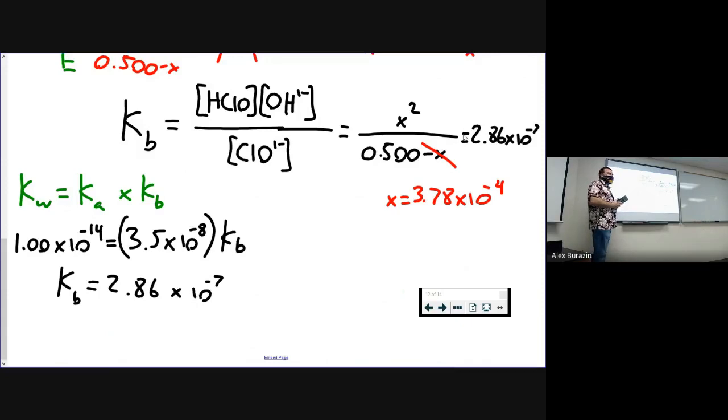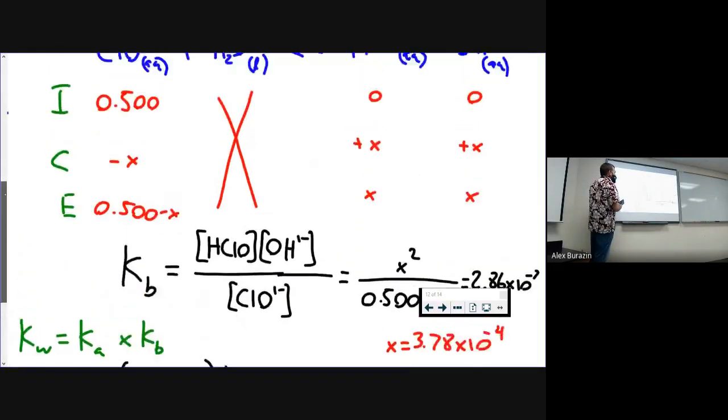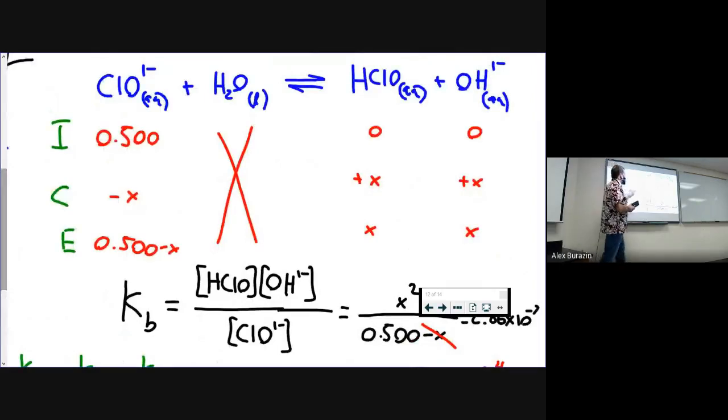What did I just solve for? Which is the pH, right, or we can use it for the OH? Correct.